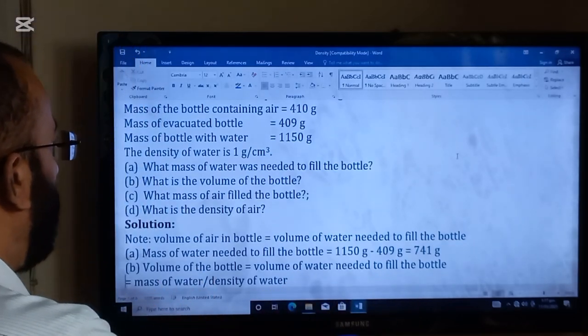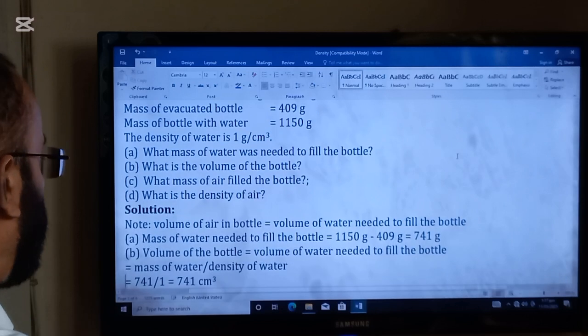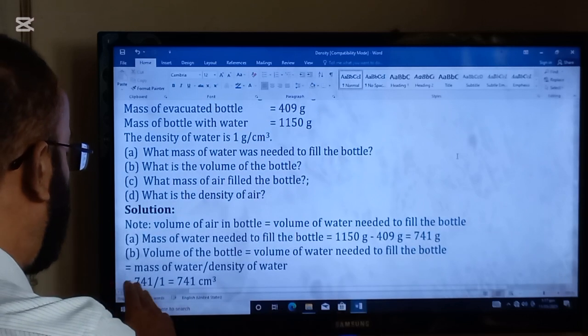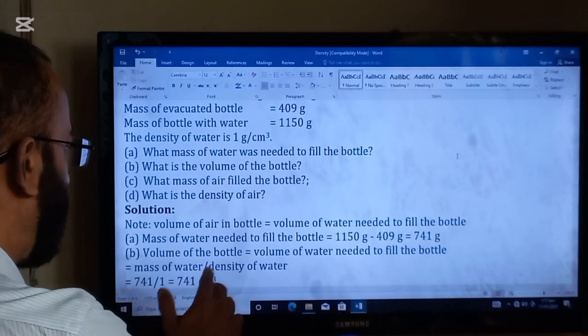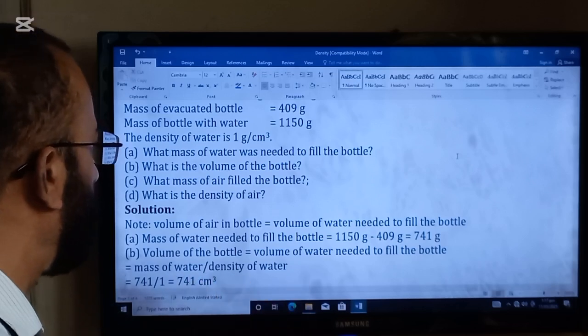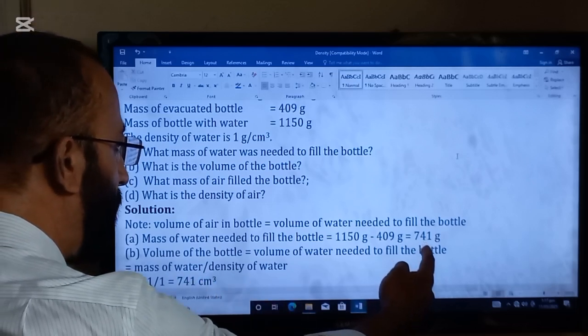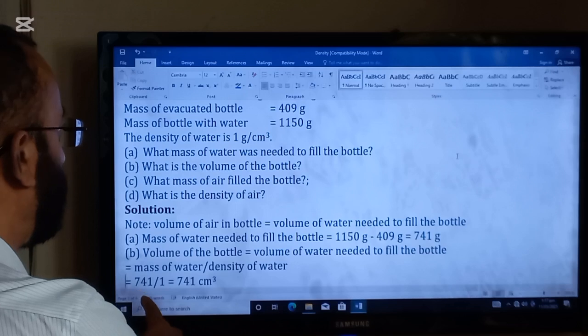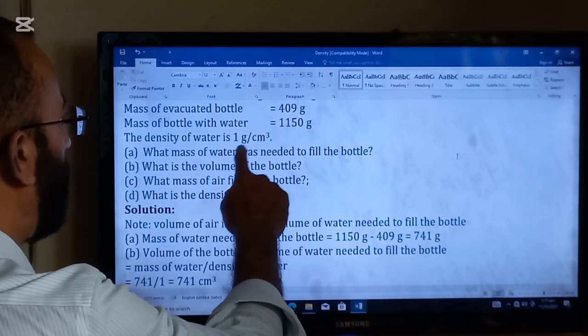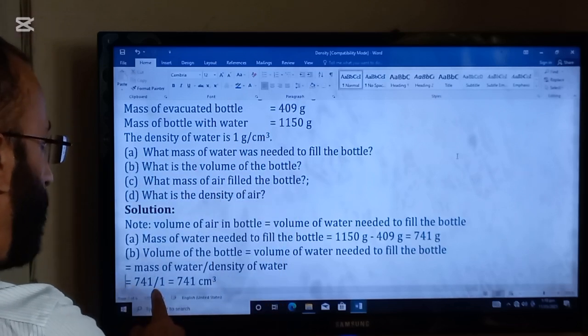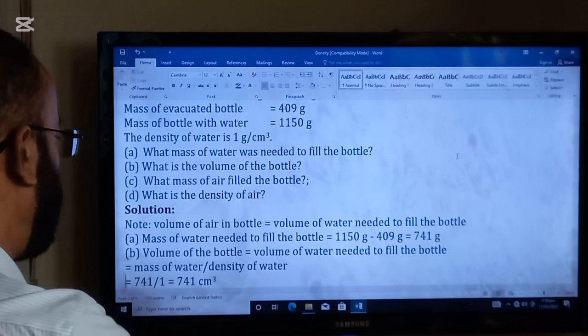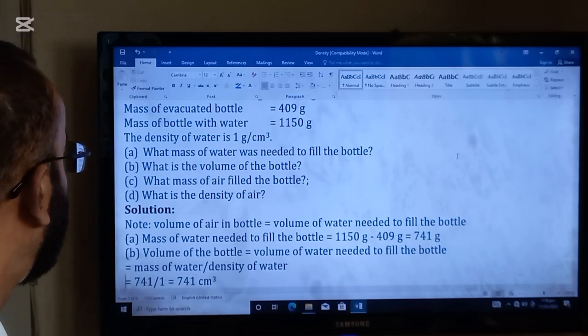So the volume is equal to mass of the water over density of the water. Mass of the water we have just found, that is 741. And density of the water is 1 gram per centimeter cube. So putting values in the formula will give you the volume of the bottle.